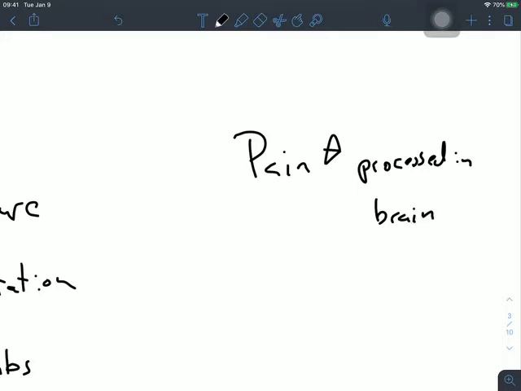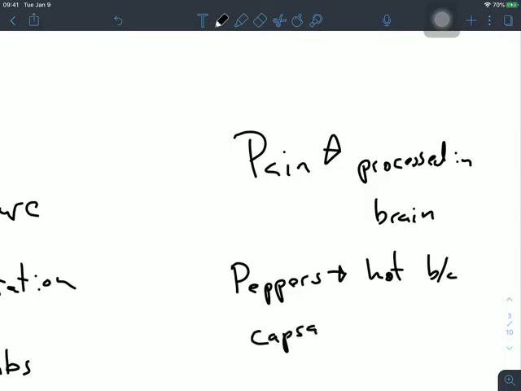One example of something that gives you pain that should not, in theory, give you pain is the idea of a hot pepper. Peppers are hot because of a very specific enzyme called capsaicin.